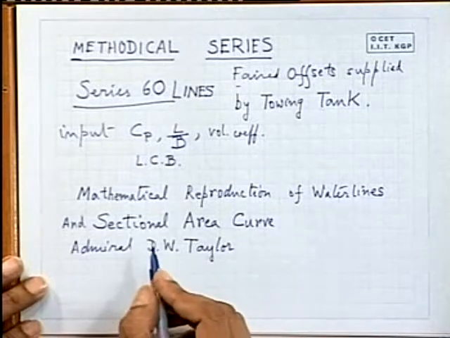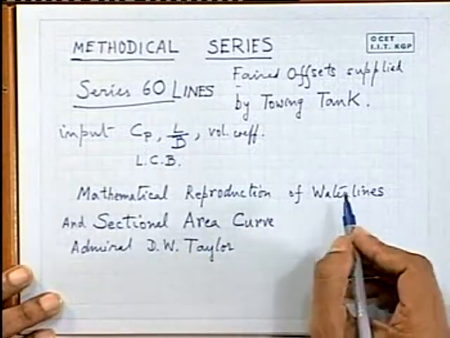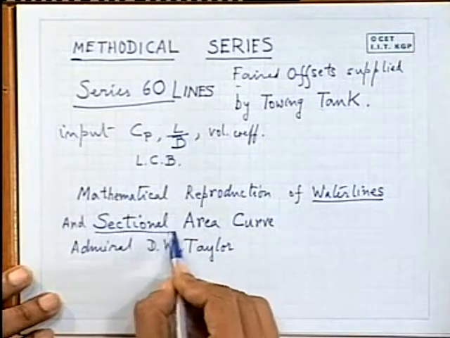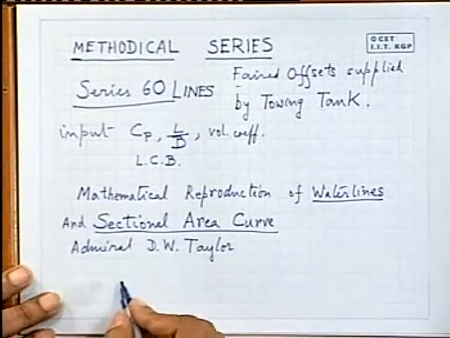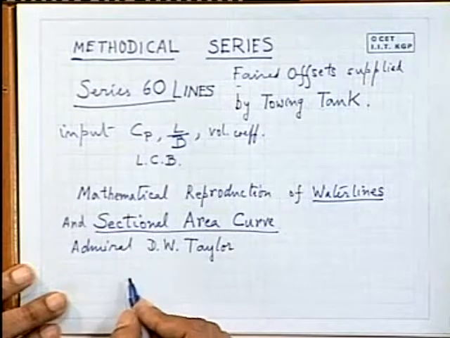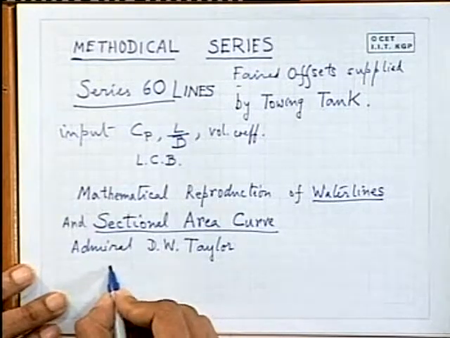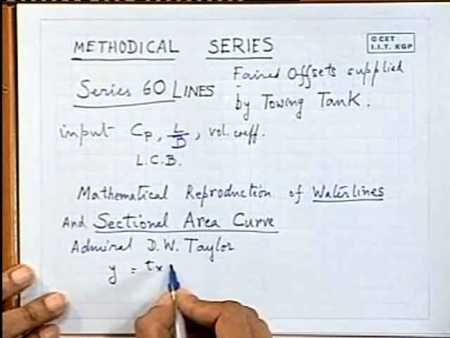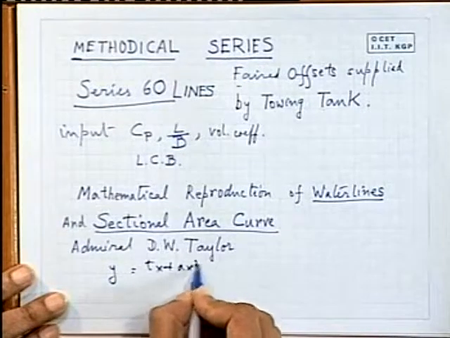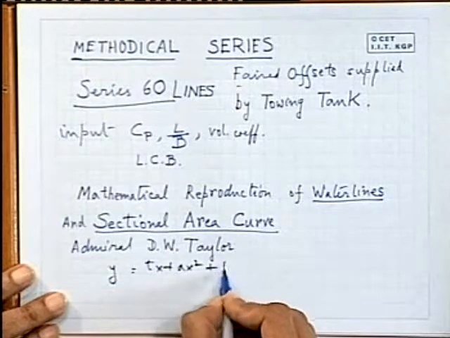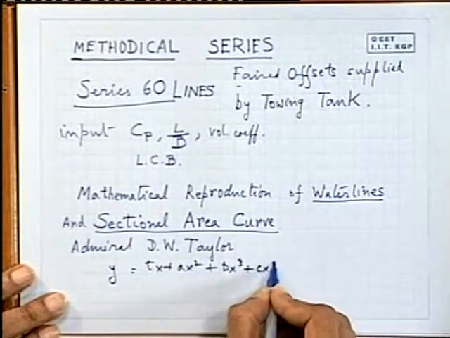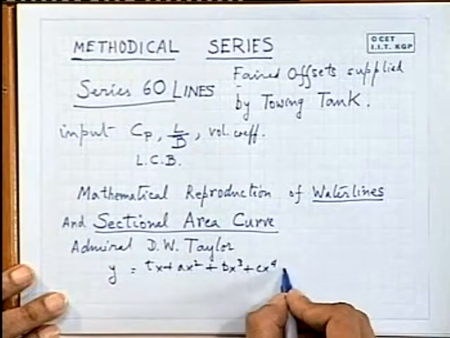So he said that this curve, that is of the water lines and also the sectional area curve, can follow an equation like y equals tx plus ax square plus bx cube. Like this you can write a polynomial equation.